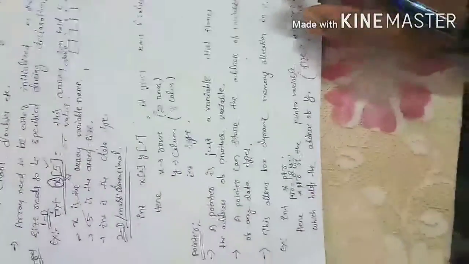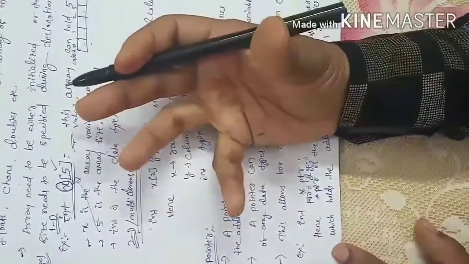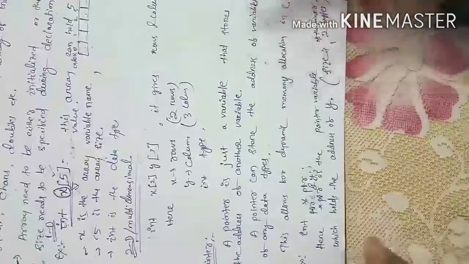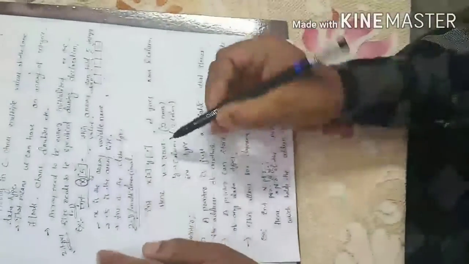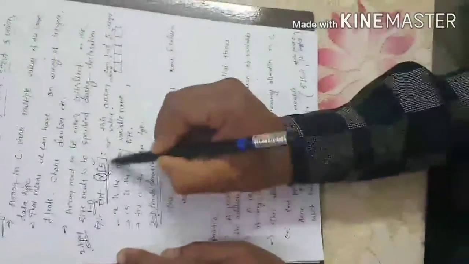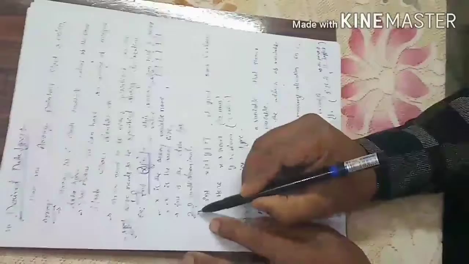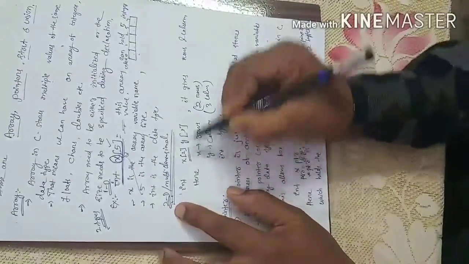So an array may be one dimensional, two dimensional or multi-dimensional. Multi-dimensional means more than 2: 3 dimensional, 4 dimensional, 5 dimensional, like this. So this is one dimensional. In two dimensional, we have two things.